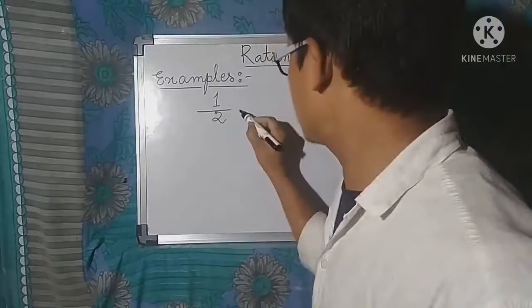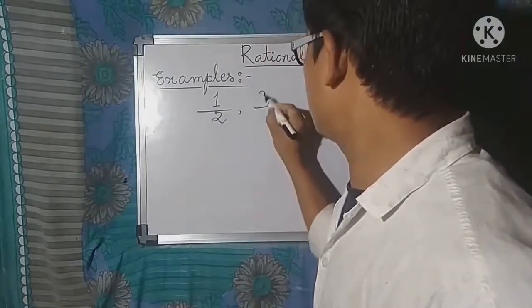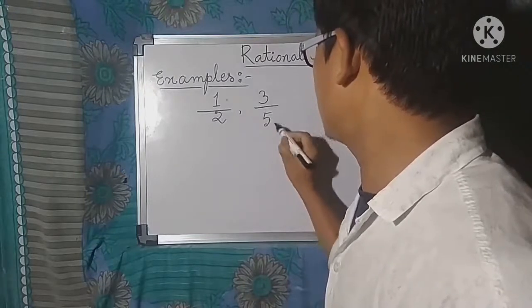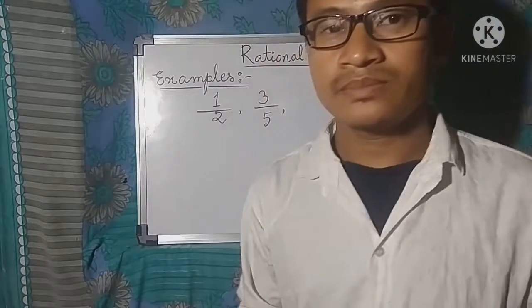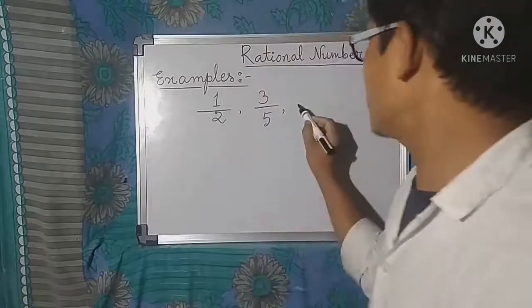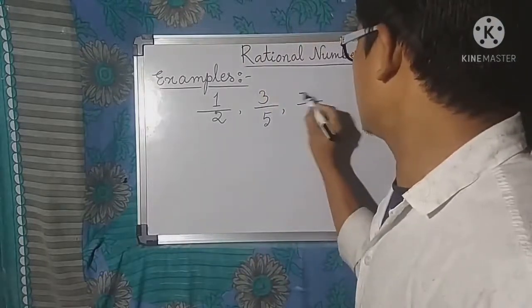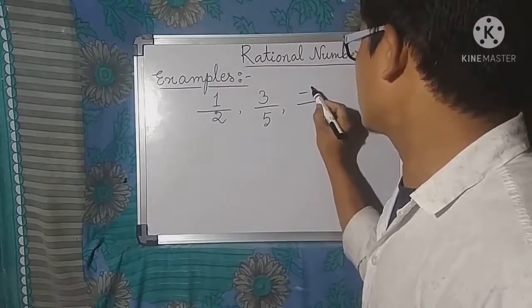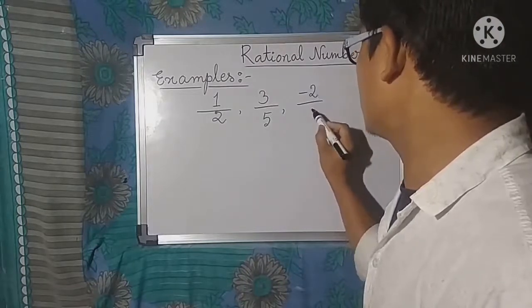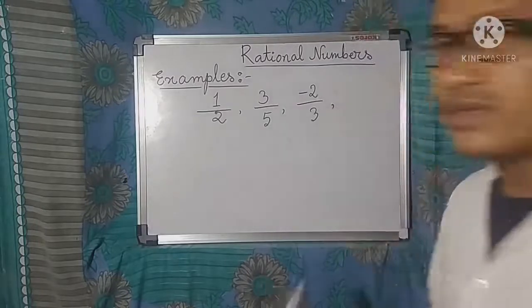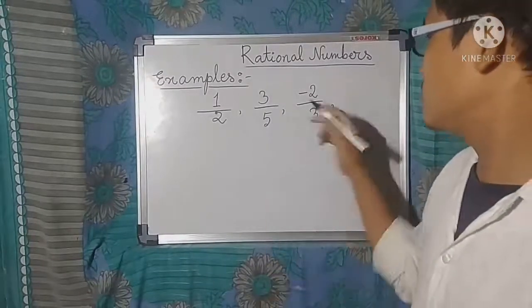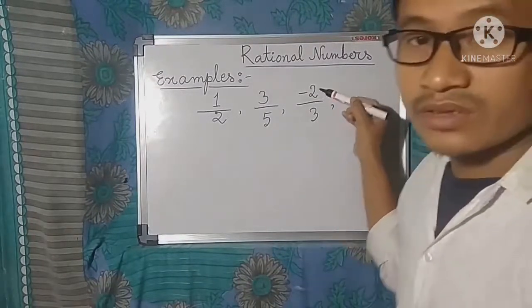Likewise, 3 by 5 is also a rational number. Even minus numbers are also rational numbers. Minus 2 by 3, this is also a rational number because minus 2 is an integer.